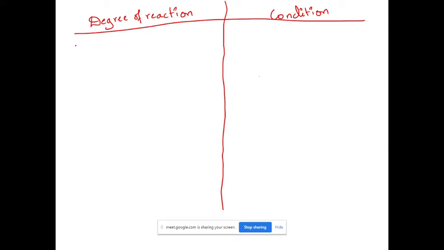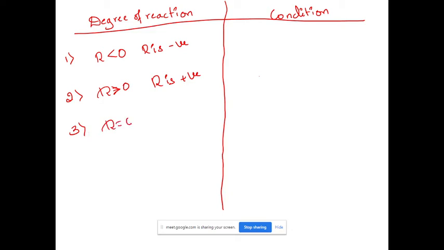As I go on, I ask you to write here. We are going to discuss 5 types of degrees of reaction. The first one is r is negative, or r is less than 0. At that time you should write the condition here. The second, r is positive, or r is greater than 0: what is the condition?